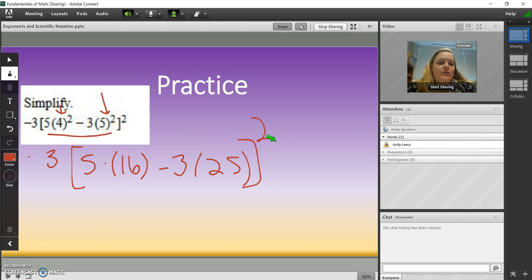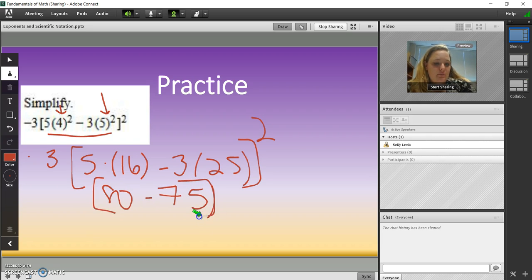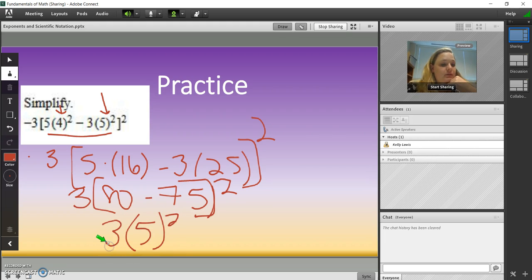Okay, and then we're still on the inside, so we're going to follow the order of operations. Parentheses, we did that, and now we did exponents. Now we need to do multiply and divide left to right. So 5 times 16 is 80. 3 times 25 is 75. Then they have these brackets, and that's squared, and the 3's in front. So do the parentheses, 80 and 75... so 5 squared.